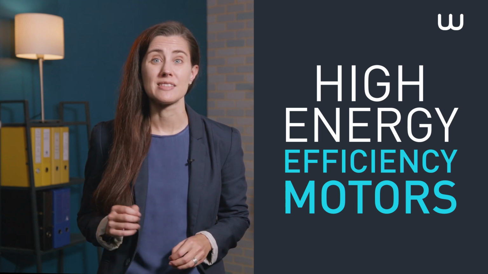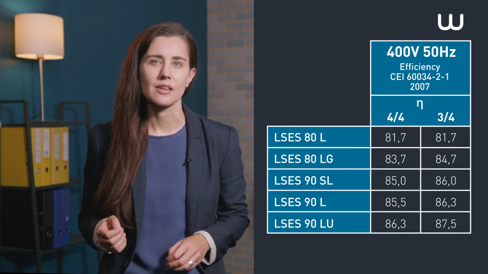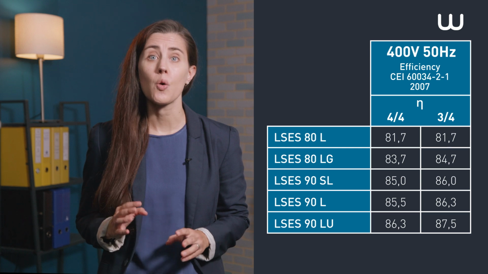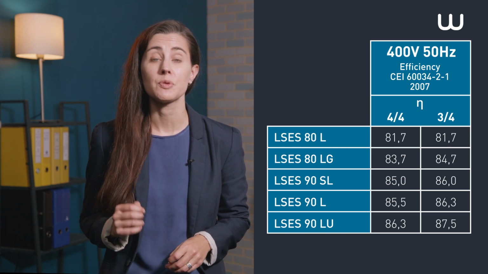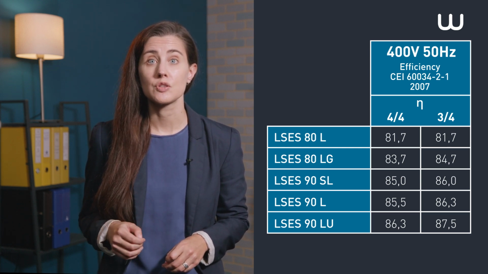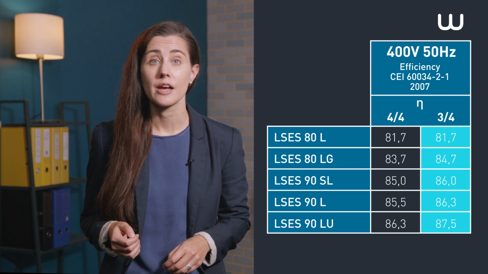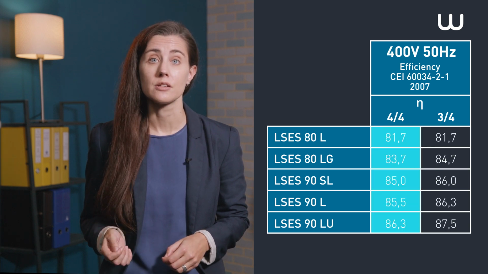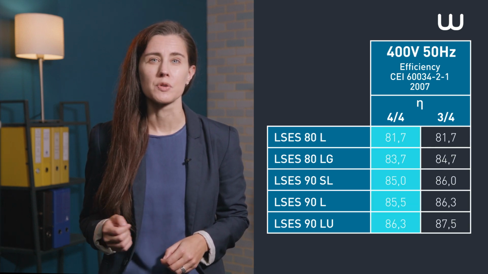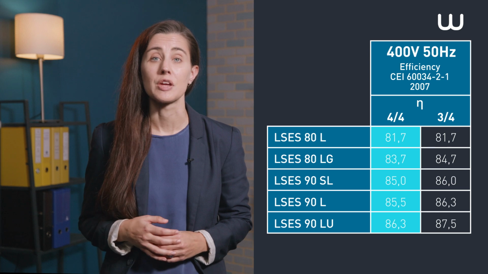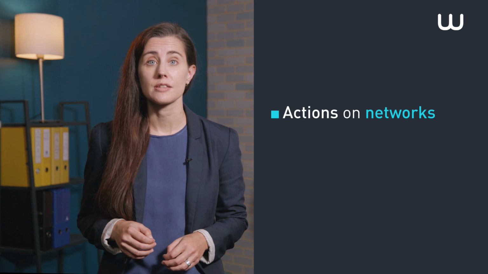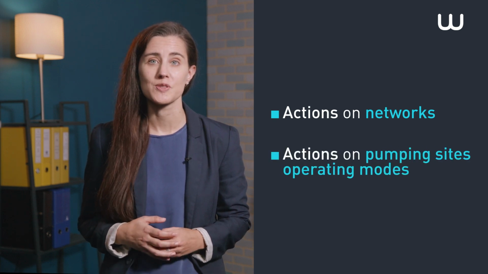If the motors have been significantly oversized, they should be replaced, according to the principle that the maximum efficiency of a motor is situated between 3/4 and 4/4 of nominal head, whilst retaining a power reserve adapted to the site's operating mode.